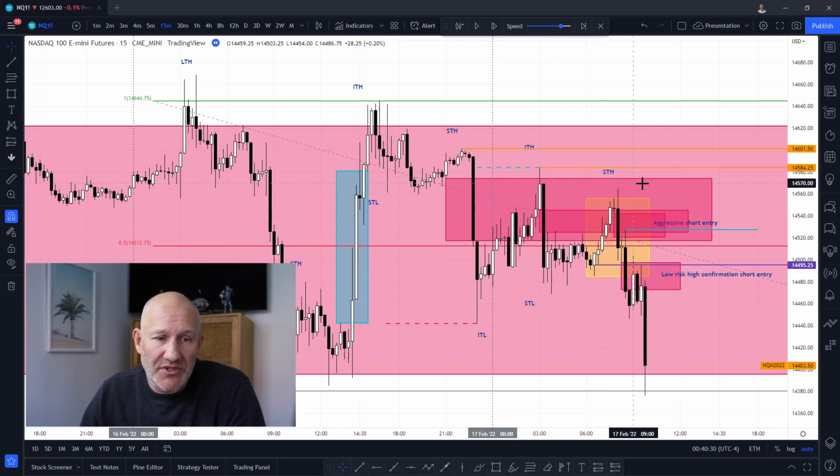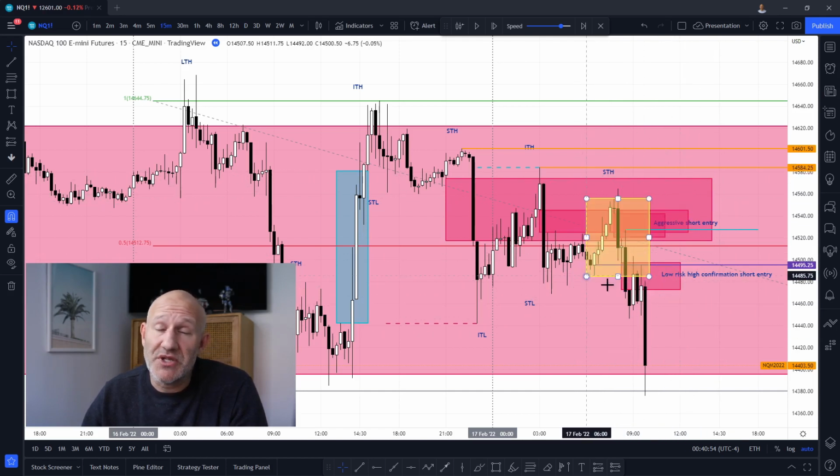We've got this short-term high. We've already seen the market trade through these bearish fair value gaps that are up here higher and now trade into this zone here, which is giving us that lower risk entry. We're obviously giving up a little bit of that potential greater reward because we'd be going short inside this discount zone rather than in the premium zone, but this is a much lower risk entry.